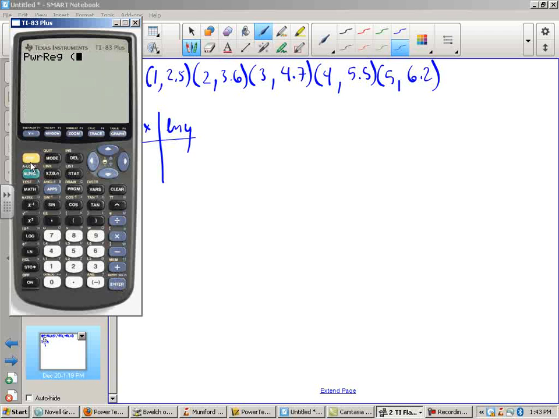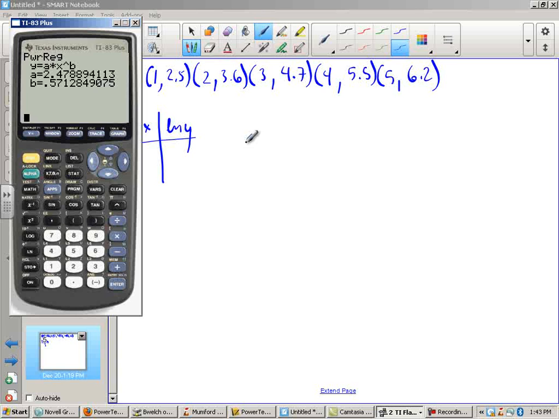Now I have to, with this older calculator, tell it which lists to use as x and y. The newer calculators don't require that. So I'm going to go ahead and hit enter. And it gives me 2.48, we'll say, and 0.57. So I'm thinking about the power regression, and it gives me the equation here.